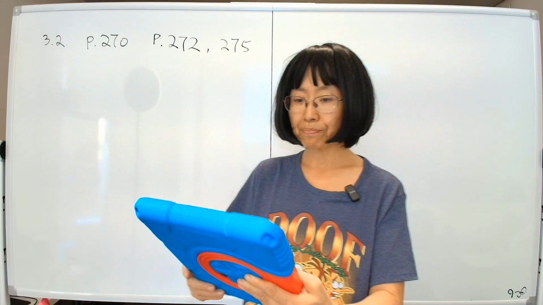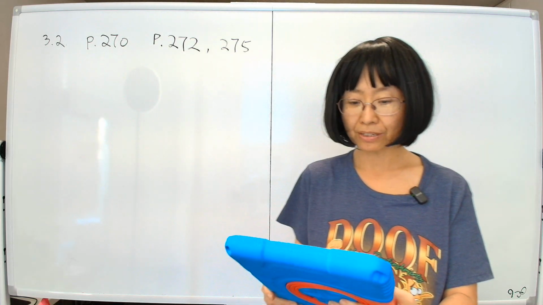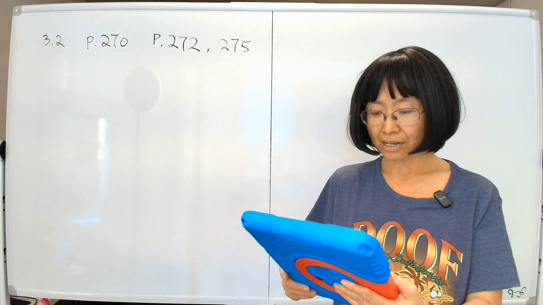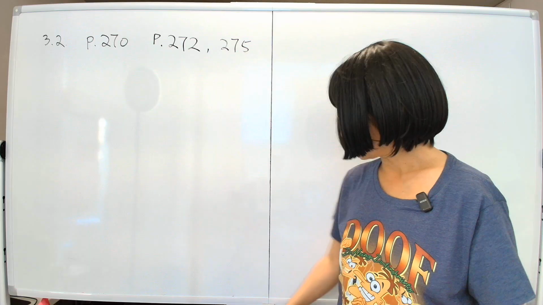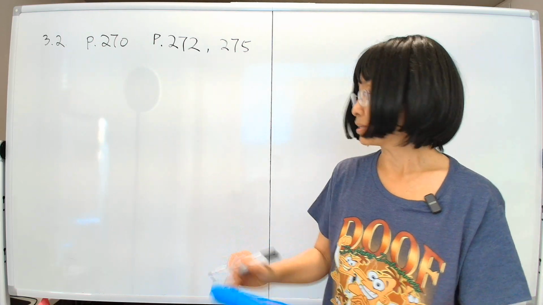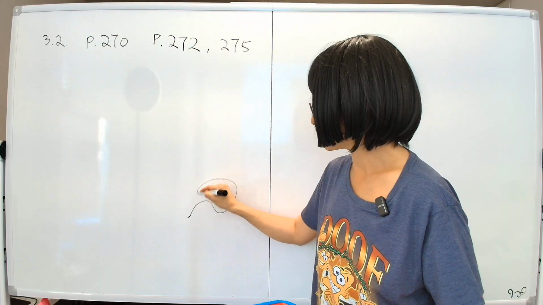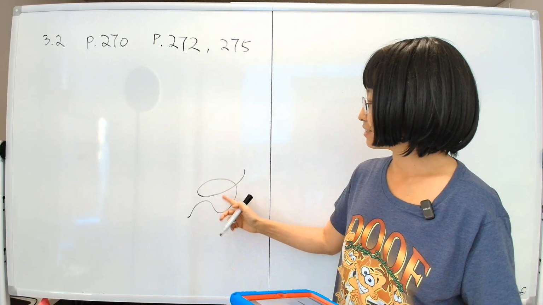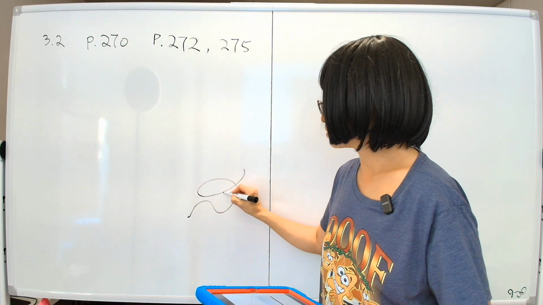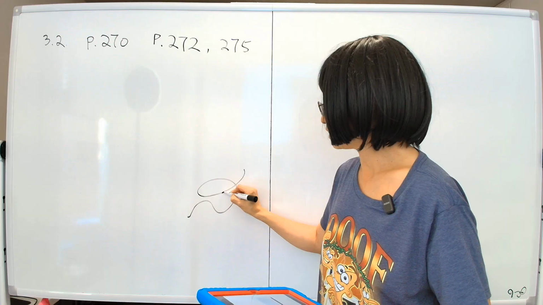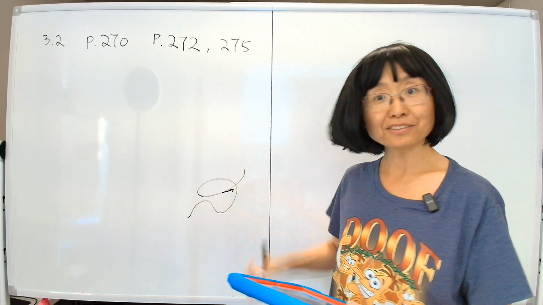Next, let's look at the next page, 275, the tangent vector. What is a tangent vector? You have a graph in space that's happily going around like that. Here's space. And at some point, there's a vector that is tangent to your graph. That's your tangent vector.